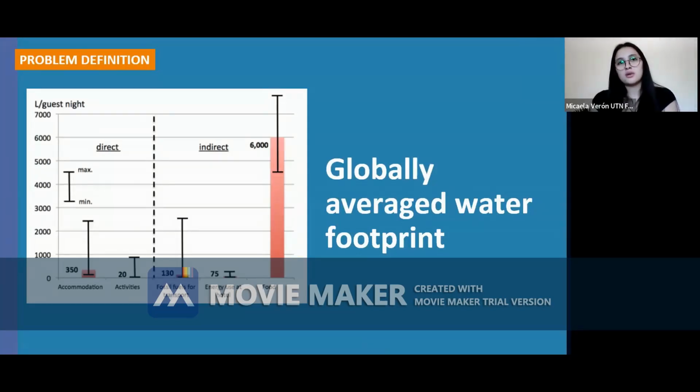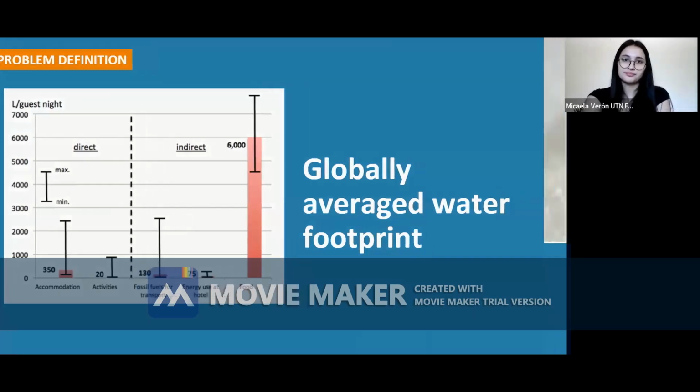This is why we focused the investigation on the proposal of devices to address the direct use of water. These devices will reduce consumption by almost 50%.